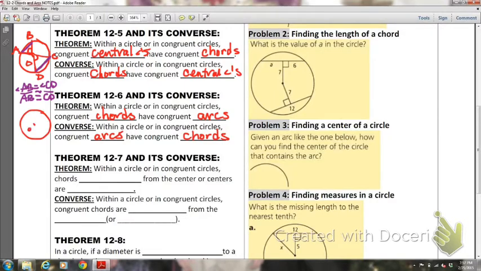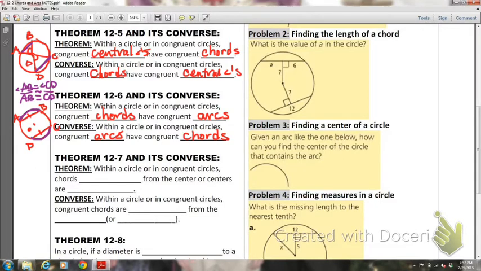We have circle O again, only this time we have congruent chords. So if I have chord AB and I have chord CD, and those chords are congruent, that also means that the arc AB has to be congruent to arc CD.